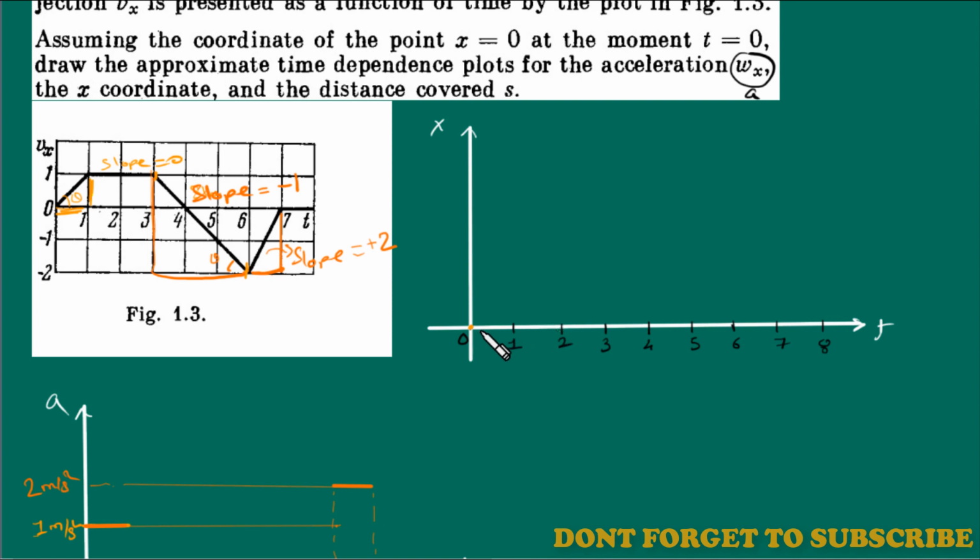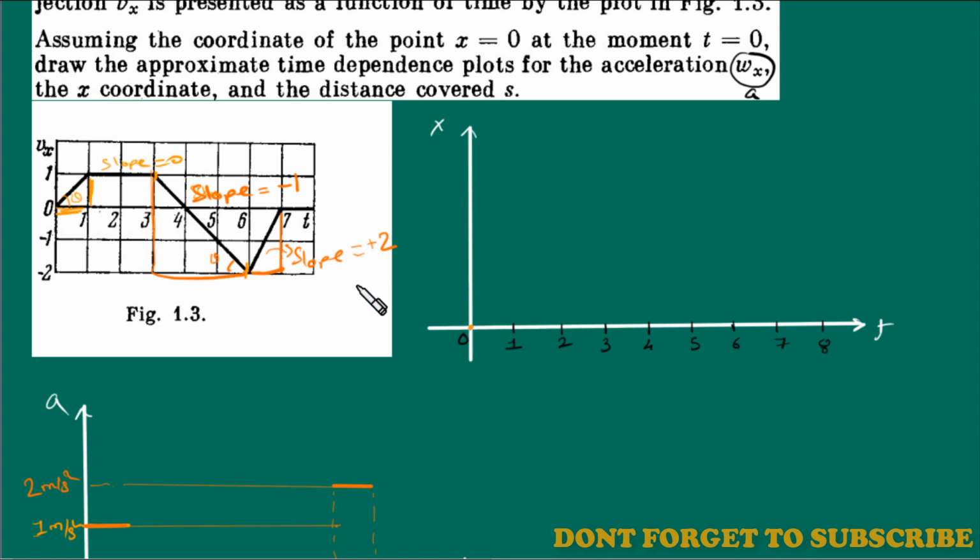Before we start, we will check the slope, because we know that the slope of a position time graph gives velocity. So we need to check the slope at every step, at the initial point and the final point of this part also. After that we will check if acceleration is positive or negative, and if acceleration is positive, the graph will open upwards.